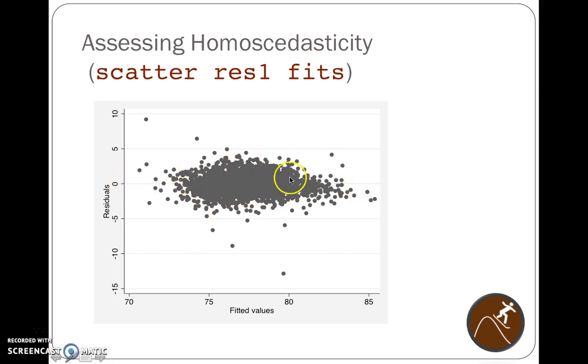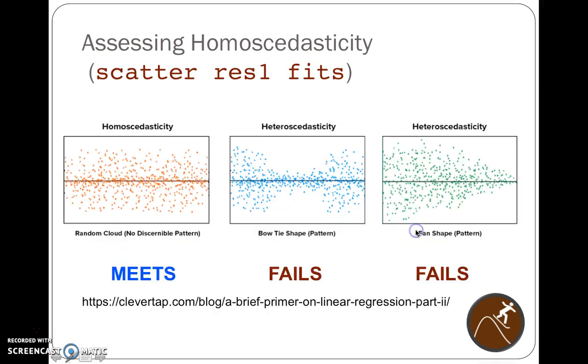Is it pretty consistent amount of variation? This is a visual call for this class. I took this image from this website here because I think it's the best one out there. This kind of random cloud with no pattern is what we want. Patterned stuff where it funnels or where it has a bow tie shape, these are bad.